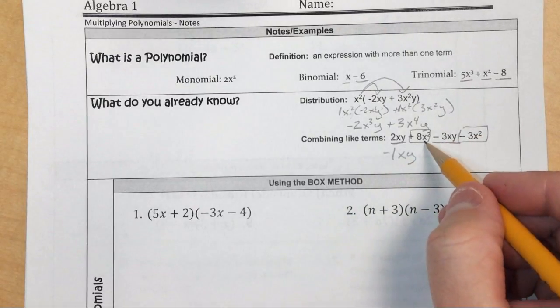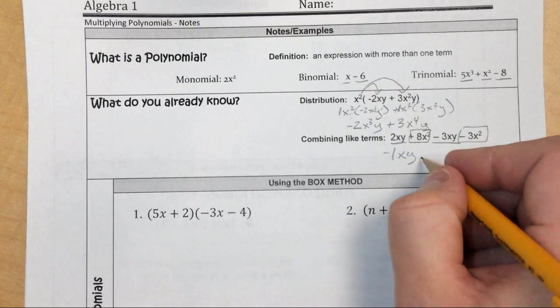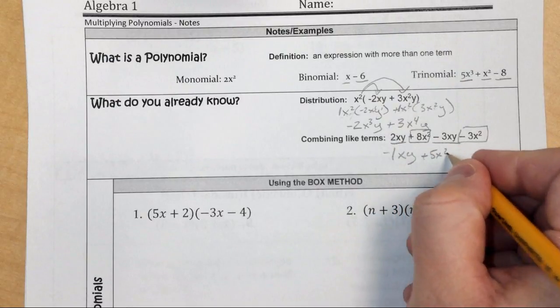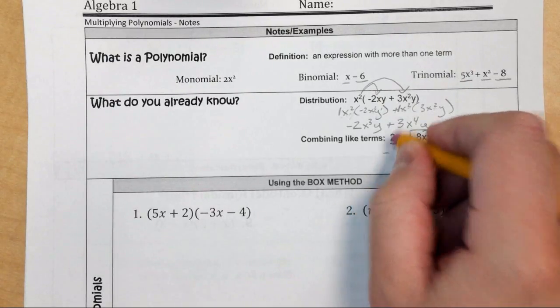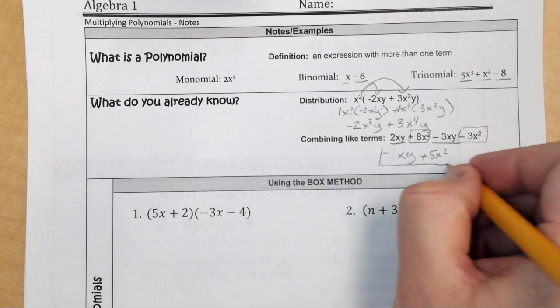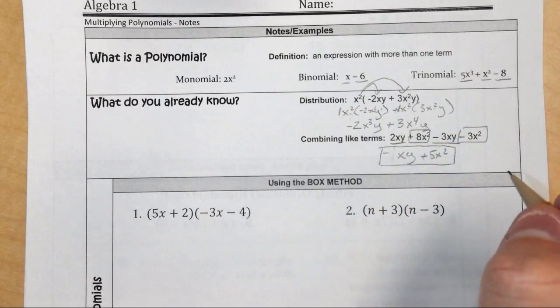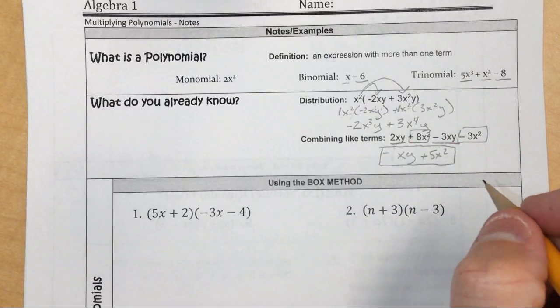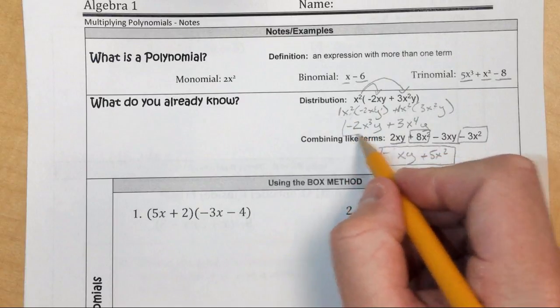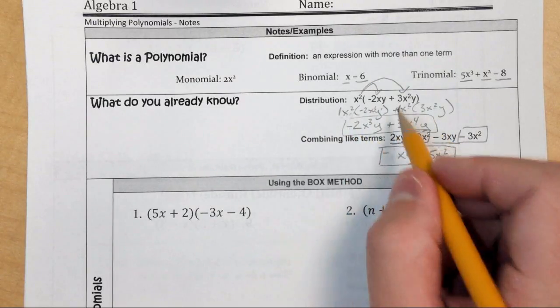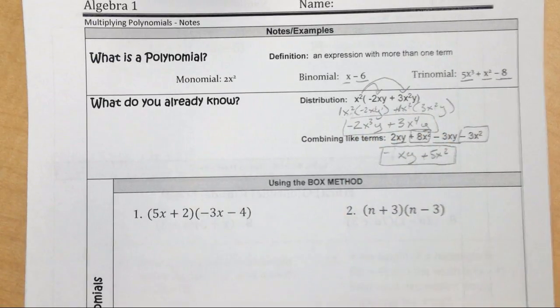And then my 8x squared minus 3x squared is a plus 5x squared. In reality, I don't need this 1, so this can simplify down to -xy plus 5x squared. So these are the steps that we're going to end up doing in these problems. We're going to distribute, and then we're going to end up combining like terms, and that's the gist of how you do the two steps that we're going to do when we multiply two polynomials.